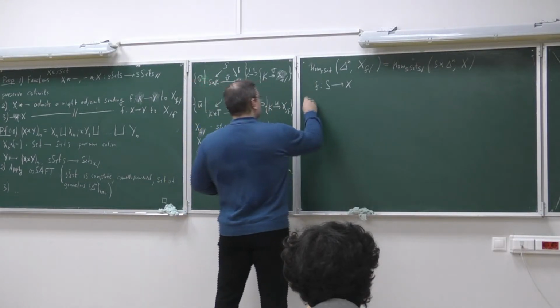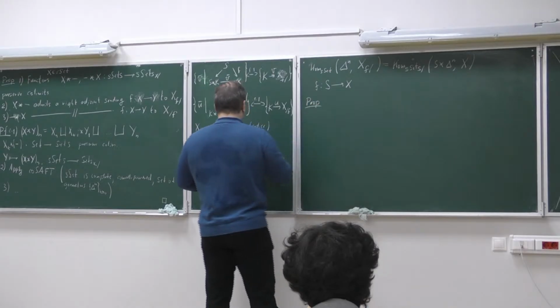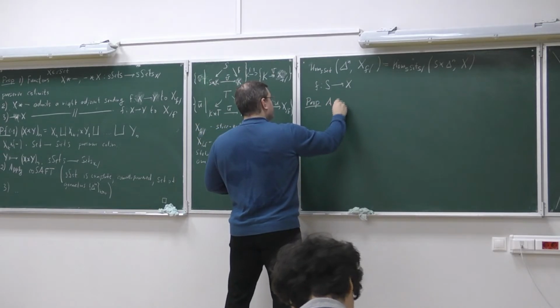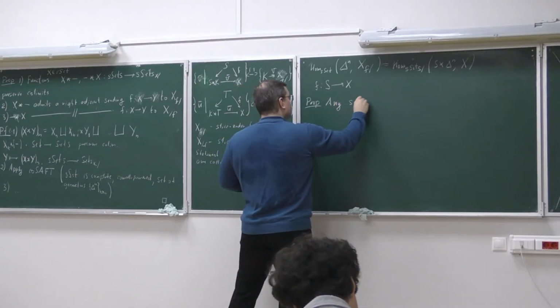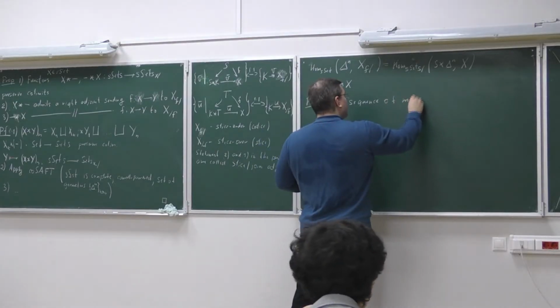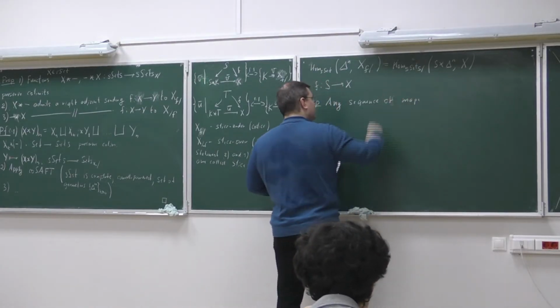In the next proposition, I assume that I have a sequence of maps of simplicial sets. This is of course in the category of simplicial sets.